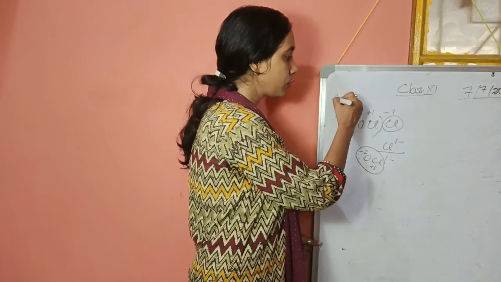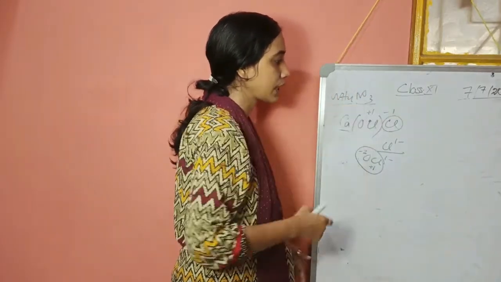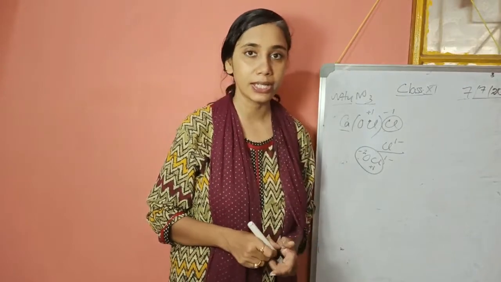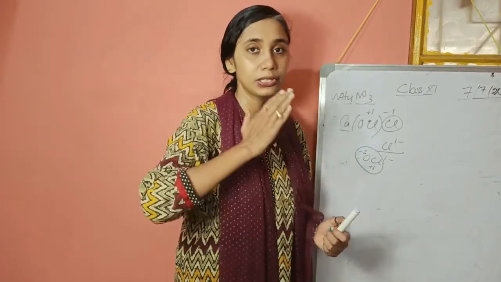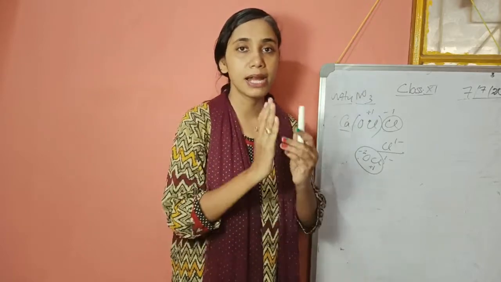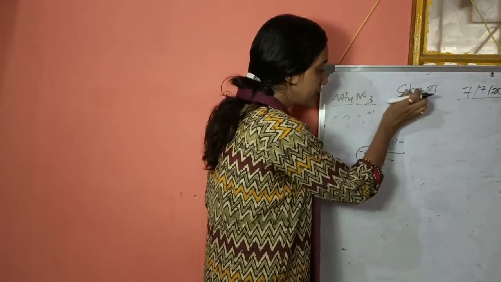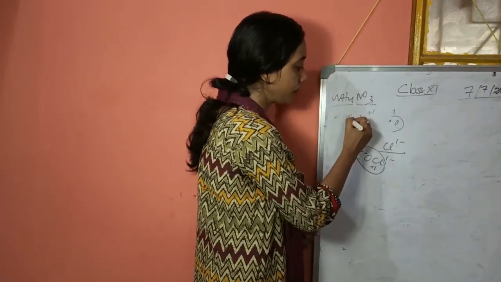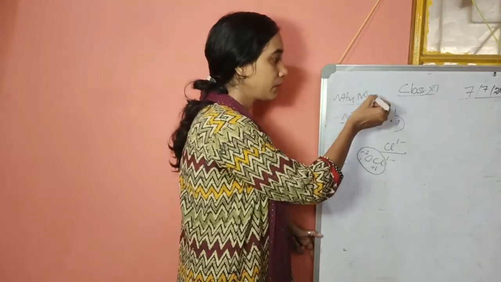Similarly, in the case of ammonium nitrate, NH4NO3, here also there are two nitrogen atoms which belong to two different radicals. So NH4 plus is a radical, so we will calculate the oxidation state by taking the two different radicals, NH4 plus and NO3 minus, separately.